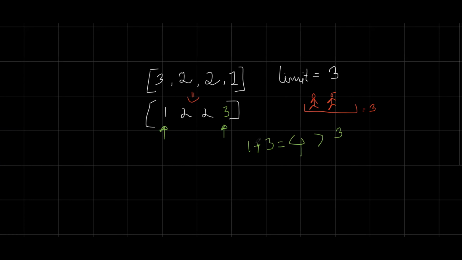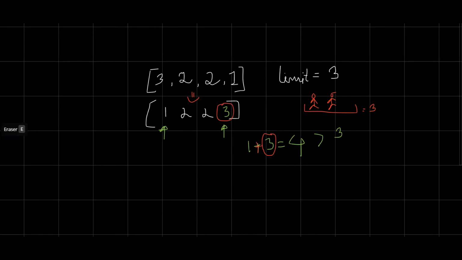So in this case, what is optimal: putting this person in a single board or this person in a single board? The optimal is obviously to put the person who has the greater weight in a single board. So here we will put the person who has the weight 3 in a single board.